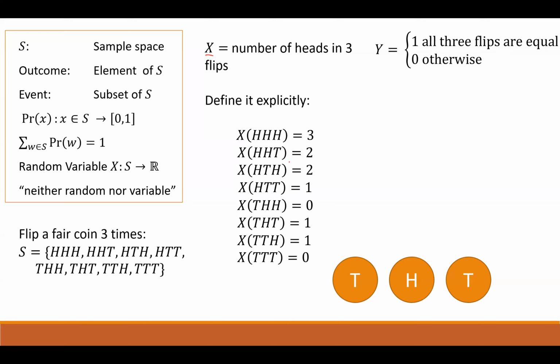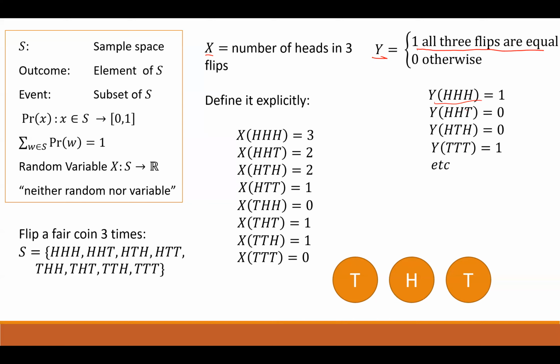Then let's take a second random variable Y on the same sample space. In this case, Y is equal to 1 if all 3 flips are equal and 0 otherwise. If we map that out explicitly, if we get heads, heads, heads, Y is equal to 1. If we get heads, heads, tails, it's equal to 0, and so on and so forth. And if it's tails, tails, tails, it's equal to 1, everything else equal to 0.